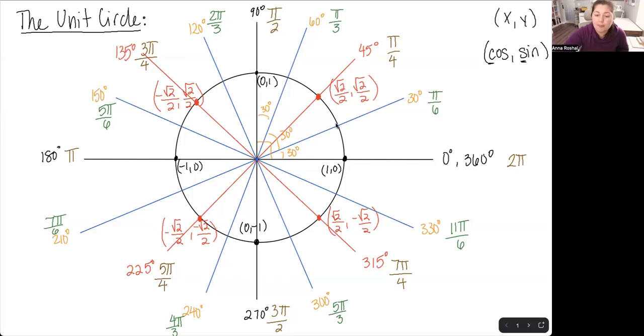Let's do blue. So when I'm here, I'm going to have cosine of 30 is √3 over 2, comma, 1/2. I also know that sine of 30 is 1/2, comma, √3 over 2.